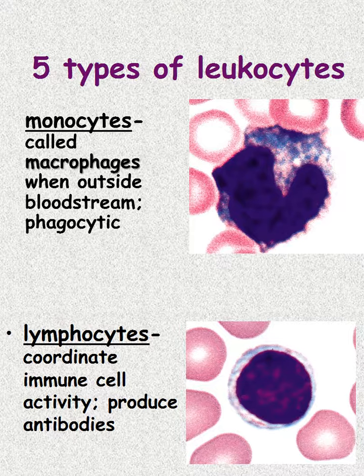The next two types of leukocytes are agranulocytes because they do not have a grainy appearance in their cytoplasm when viewed under a microscope. The first one is monocytes, and these make up 2 to 8% of all leukocytes.